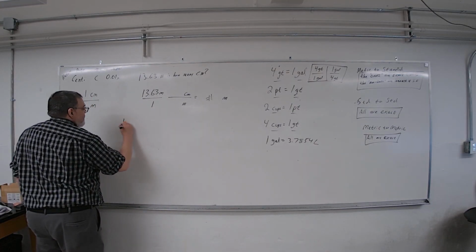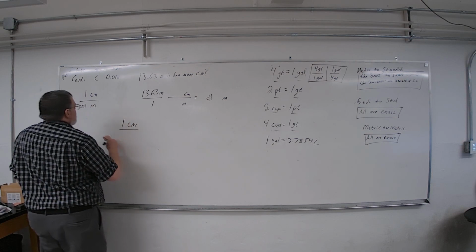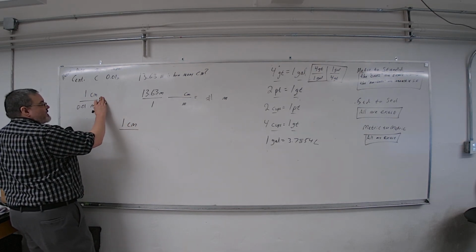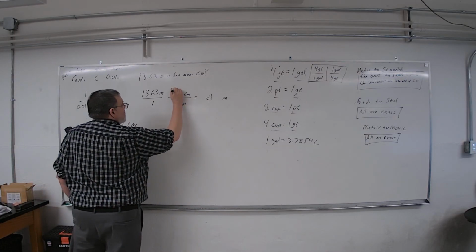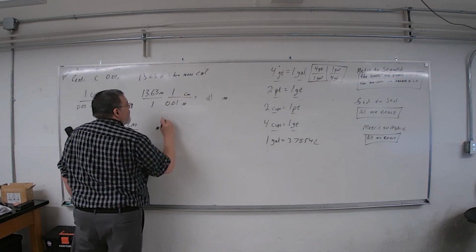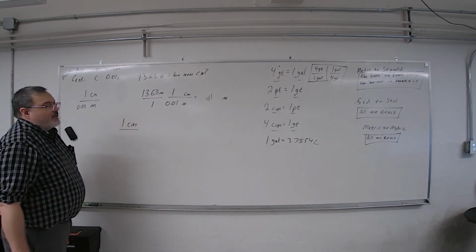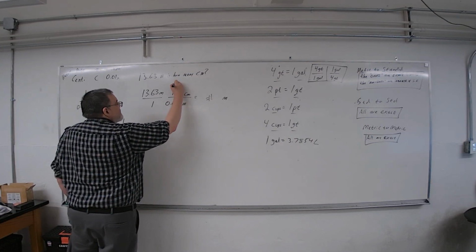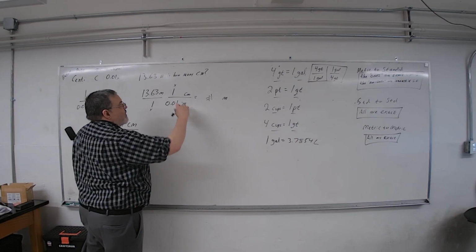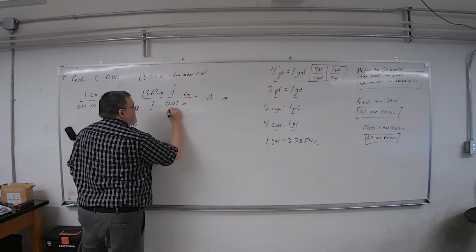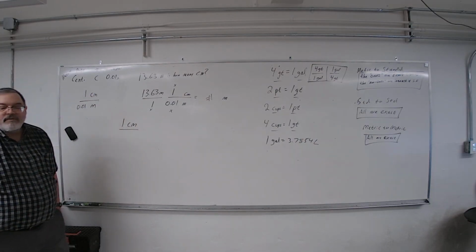But let me point out. Okay, let me go ahead and use this. 1 centimeter over 0.01 meters, so I can do this. That will give you the correct answer. This is exact, and like I said over here, metric to metric, both of them are exact. This is exact. You don't consider that for significant figures.